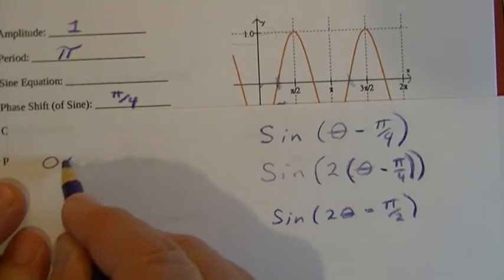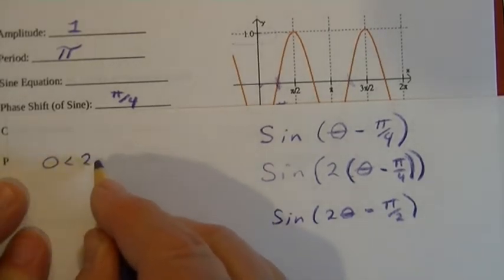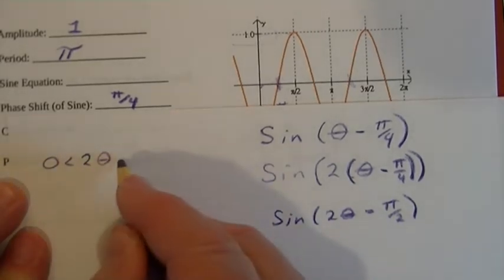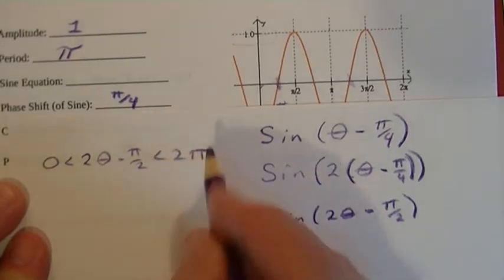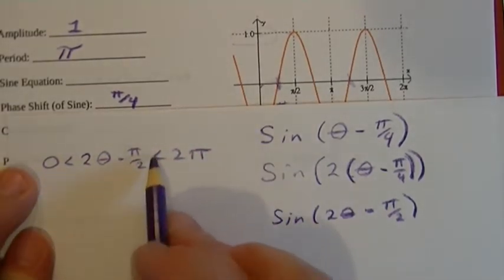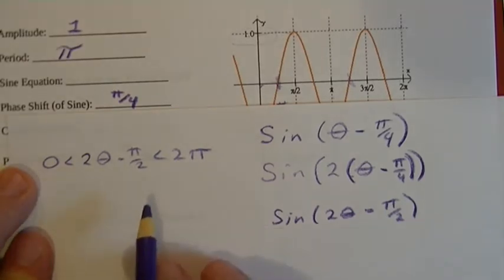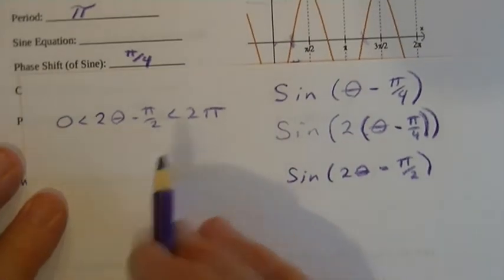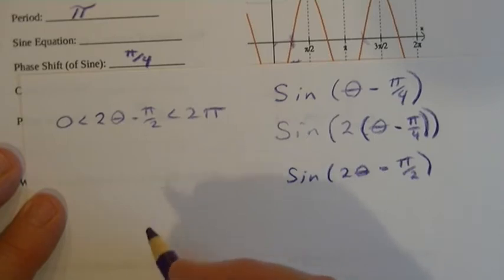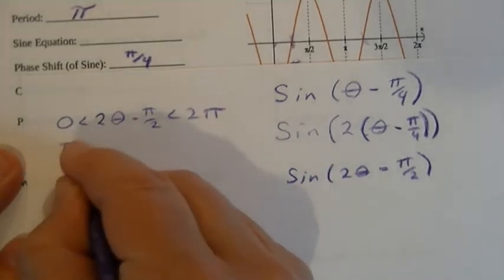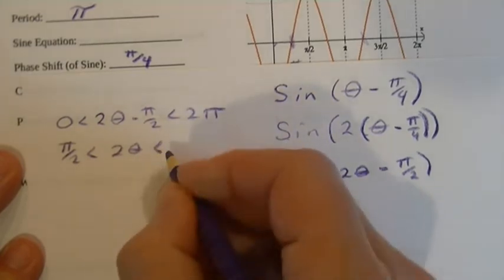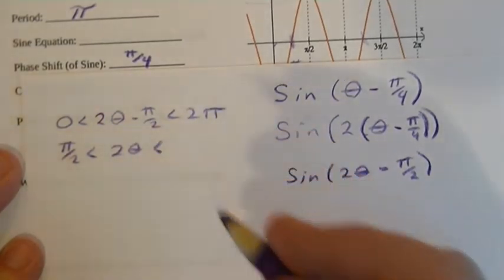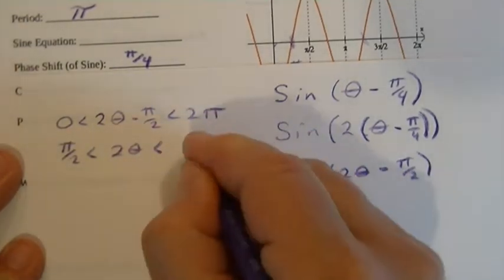You'd say, well, normally 2 theta minus pi over 2 normally goes from 0 to 2 pi. But we've got this thing instead of just theta. We're going to add the pi over 2 to both sides. So we end up with 2 theta, and this becomes, what does it become? 5 pi over 2? Let's call it 5 pi over 2.